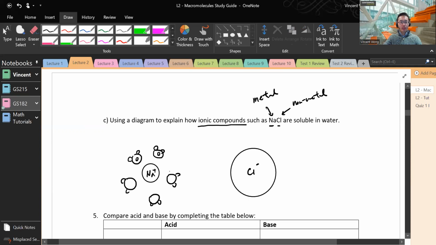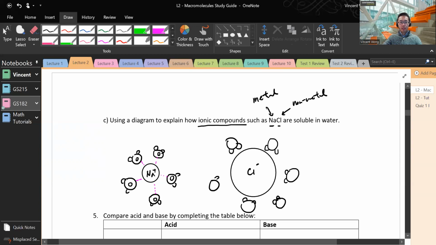So these oxygens are slightly negative, and they will orient themselves to stabilize the sodium. On the other hand, for the chlorine, the water molecules would orient themselves such that the hydrogens are in very close proximity to the chlorine.